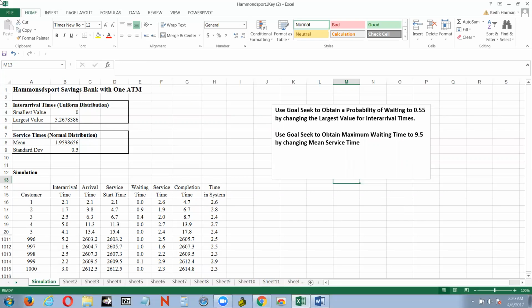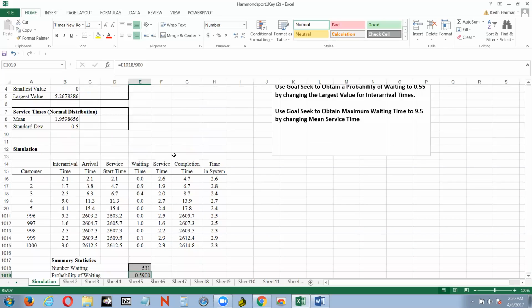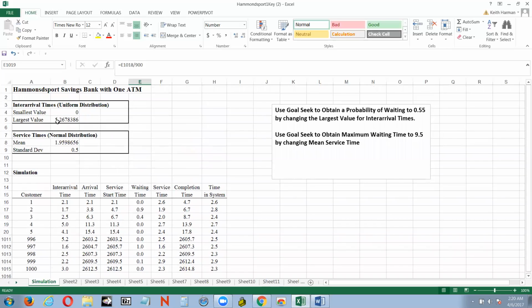I'm going to grab a sheet of paper. The probability of waiting is going to be cell E1019. That's the probability of waiting. And the largest value for the inter-arrival time is B5.